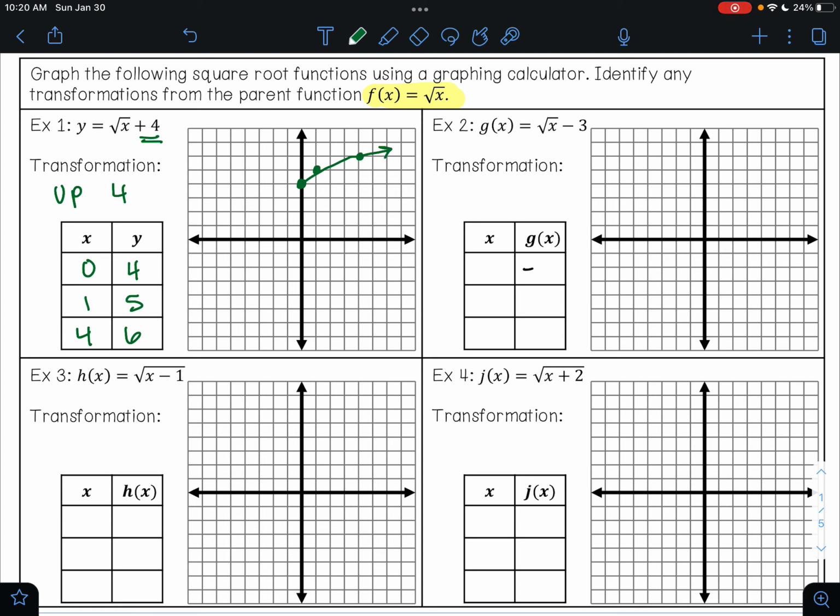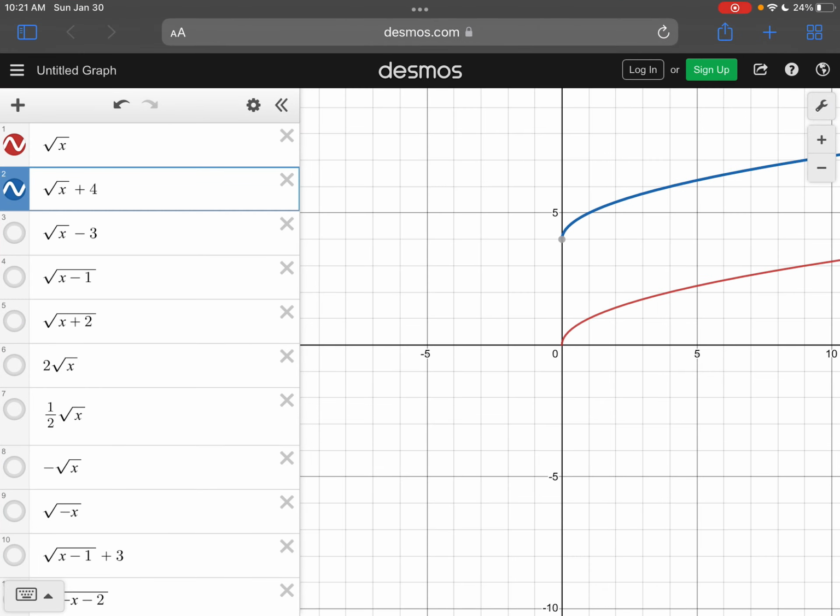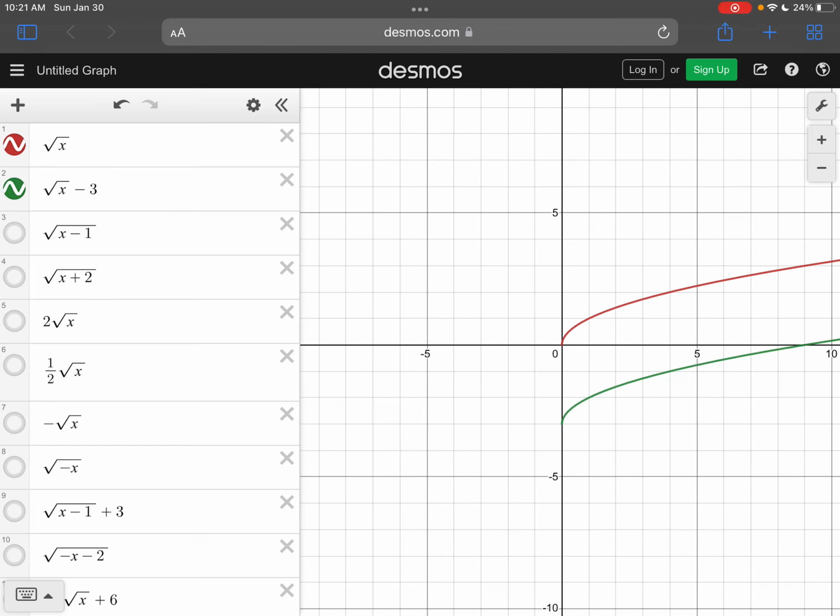On example 2, we have g of x equals the square root of x minus 3. So if I go ahead and go back to Desmos, I'll hide this one, and let's show x minus 3. And so here, x minus 3, if this is our original parent function, we've now shifted down 3 units.